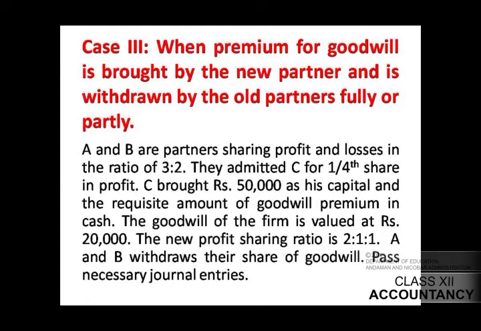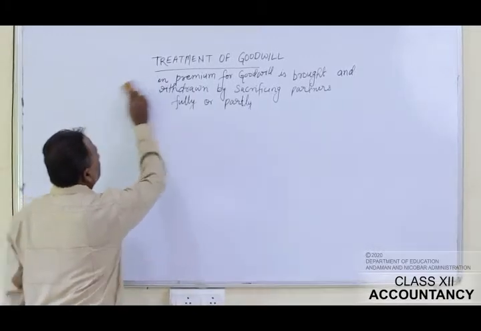The goodwill of the firm is valued at rupees 20,000. The new profit sharing ratio is 2:1:1. A and B withdraw their share of goodwill, pass necessary journal entries. Now we will solve that problem here.